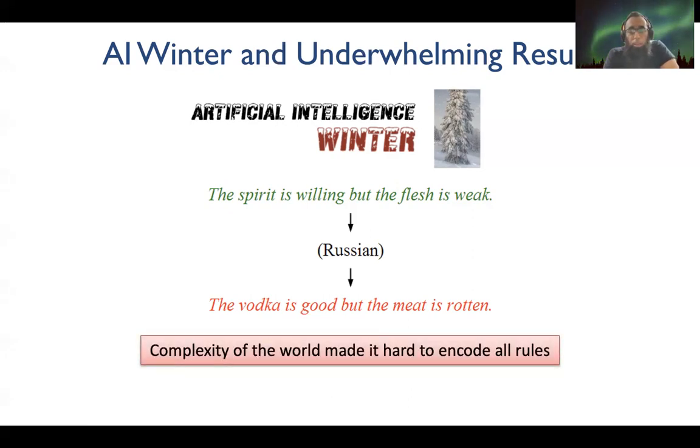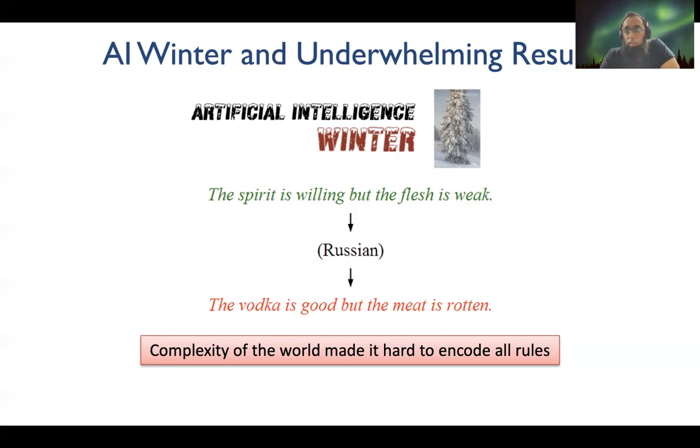The expert-based systems and the knowledge-based systems failed because the burden was upon the human beings. The experts had to encode all the rules, and it is very hard to encode all the rules. In particular, it's very hard to encode the intuitive rules that we use to make our decisions.